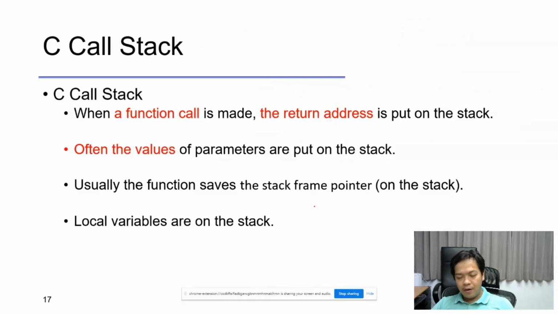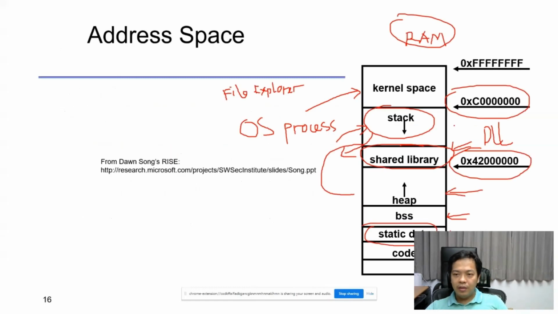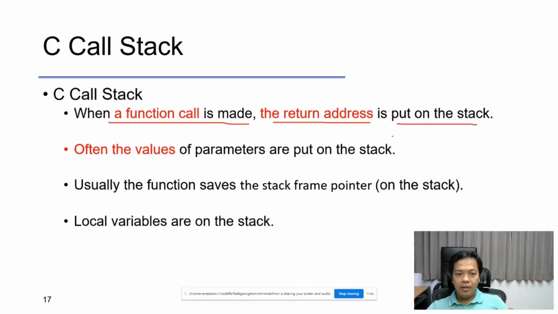So now, going back, as we just said, C and C++ have a problem about stack overflow, right? So we look back at how the C call stack works. When a function is called, the return address will be put in the stack.